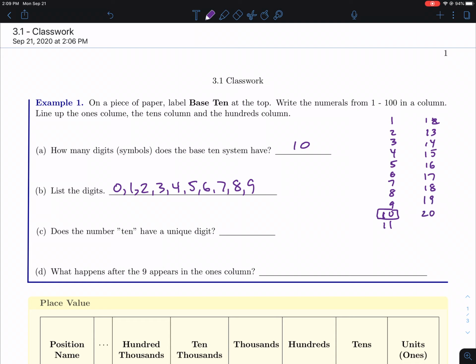Same thing. Once we get to that 9, this becomes a 0, and then we add 1 to the next position. So in this case, our 10 is a nice unique number. And I kind of answered D, what happens after the 9 appears in the ones column. It becomes a 0.